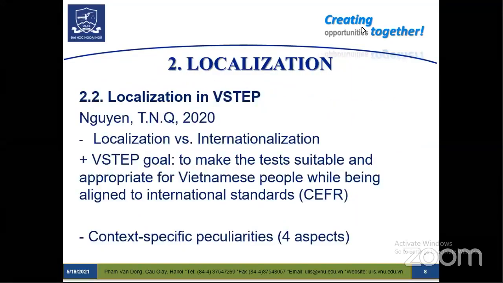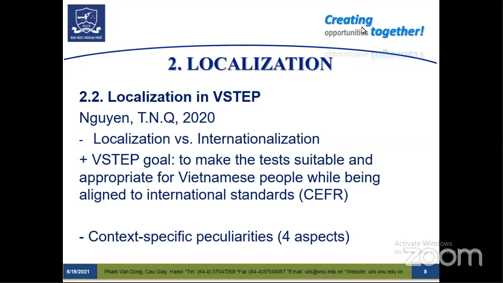And talking about localization in VSTEP, according to Nguyen in 2020, in VSTEP we consider both localization and internationalization. So the goal of VSTEP is to make the test suitable and appropriate for Vietnamese people while being aligned to international standards.